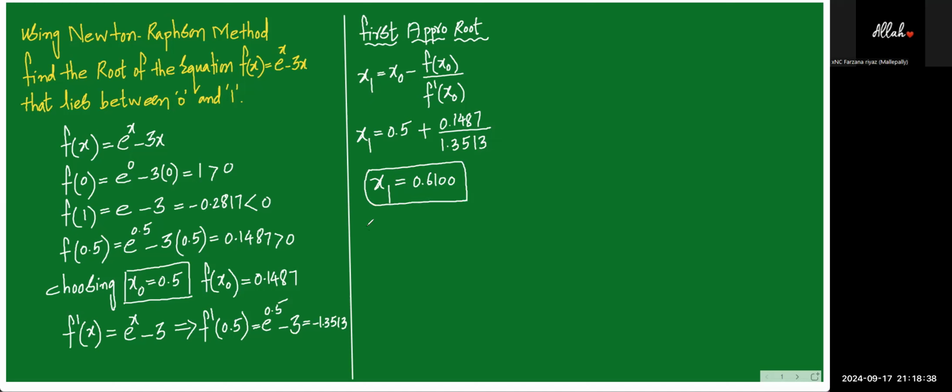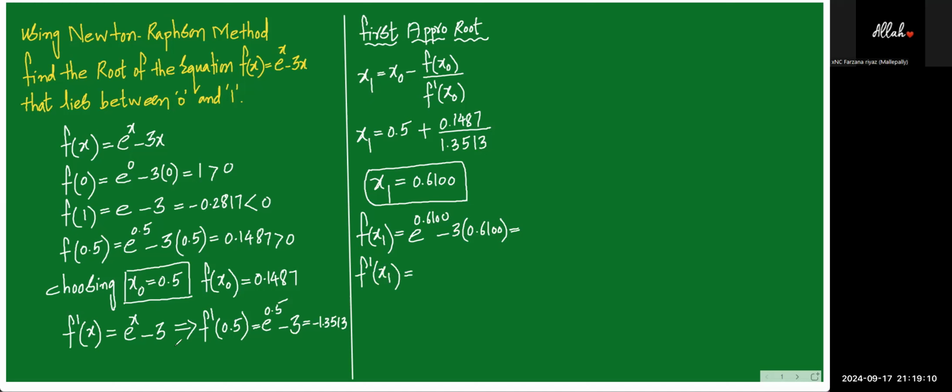Now this one we have to put in our function again, f of x1, that is e power 0.6100 minus 3 into 0.6100, and then you have to calculate the answer of this one. It is 0.0104. Similarly, we have to put the same in f dash of x1 also.